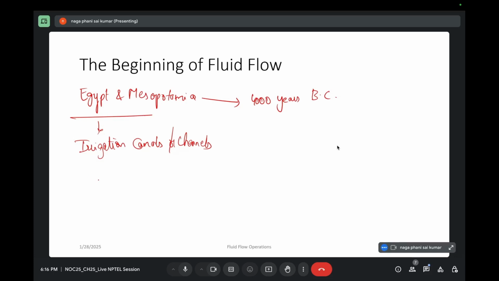They also observed that if you design these channels or conduits properly, the fluid flows freely, with less friction, and less corrosion.